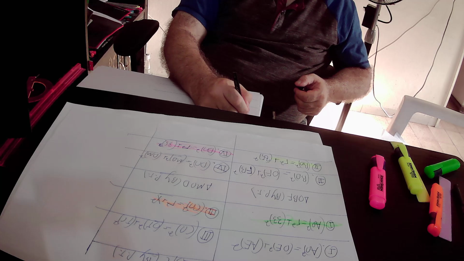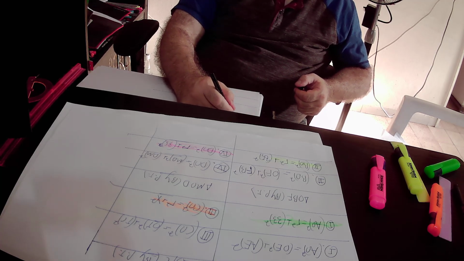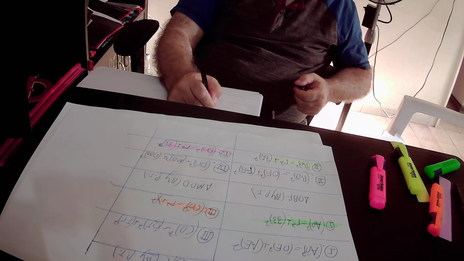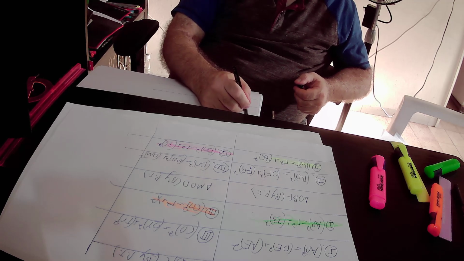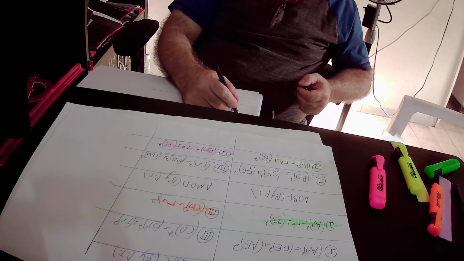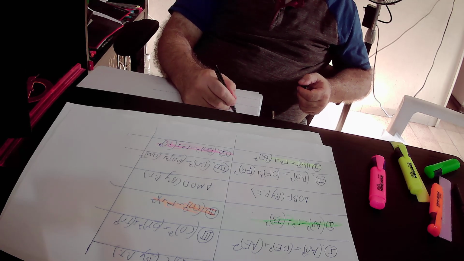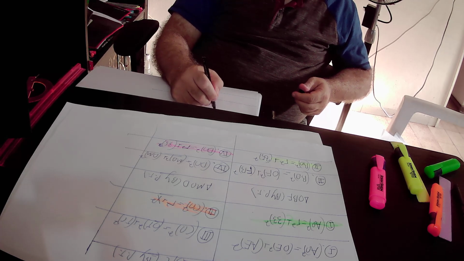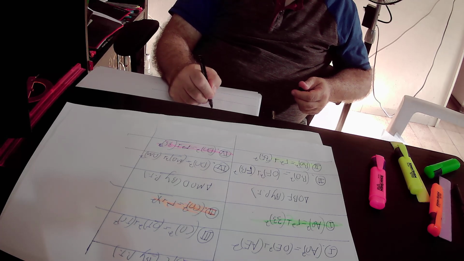And according to equation number 3, we found out that CO squared equals R squared plus X squared. And finally, according to equation number 4, we found out that DO squared equals R squared plus 35 squared.